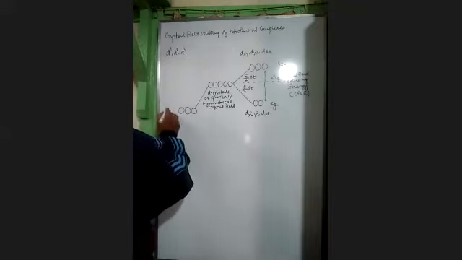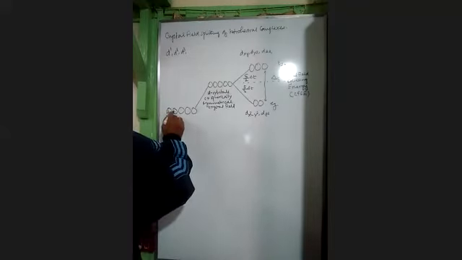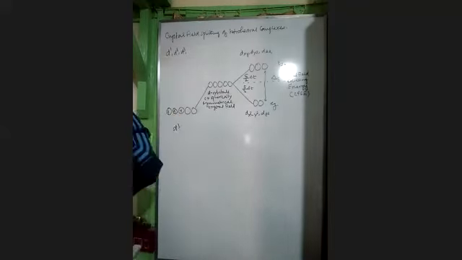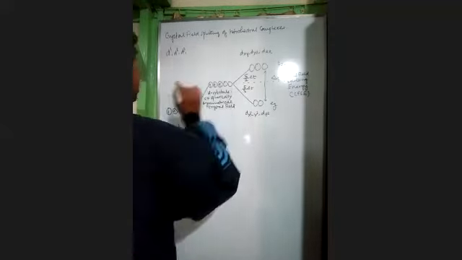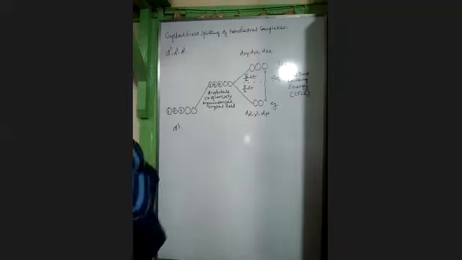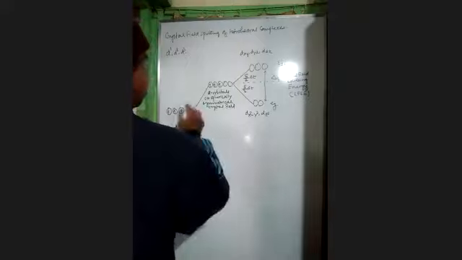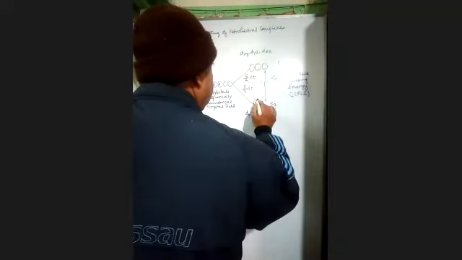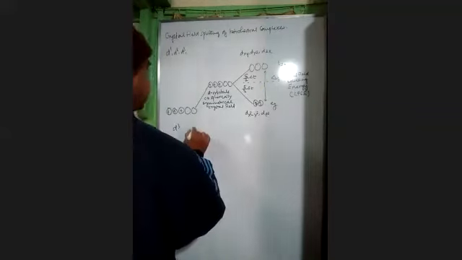See now, I'll go for d3. 1, 2, 3. So it is a strong field ligand. So what will happen now? In strong field ligand, splitting is more. So in that case, there will be pairing. So what is the electronic configuration?